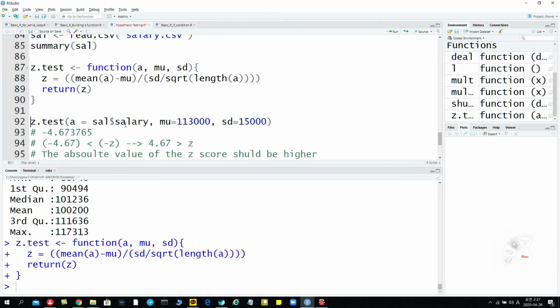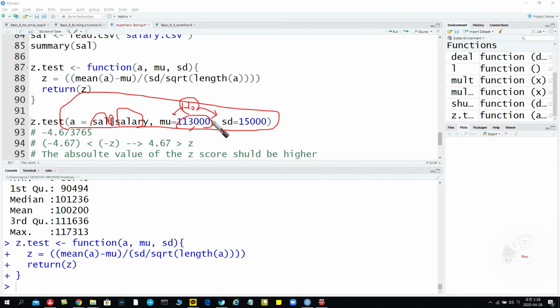Now we input our data. A is salary, the variable in this data set, and mu is $113,000, the null hypothesis.